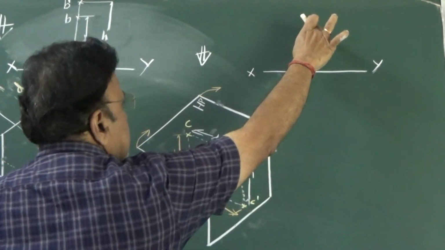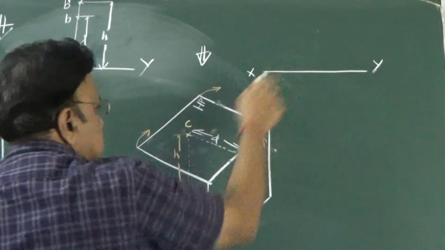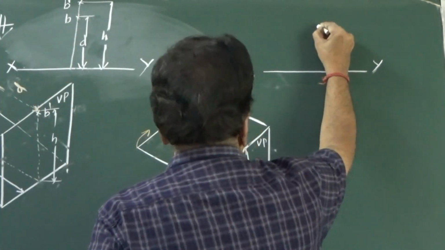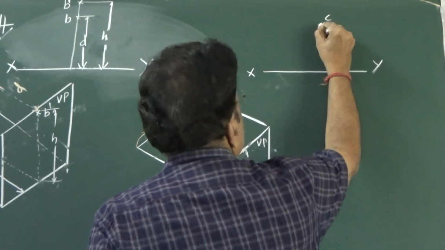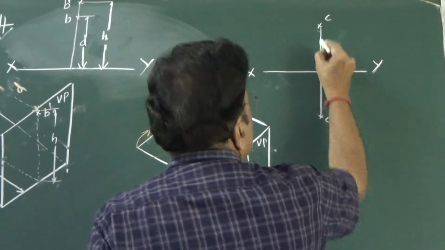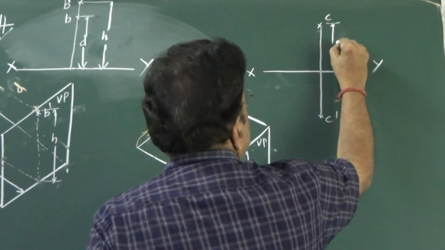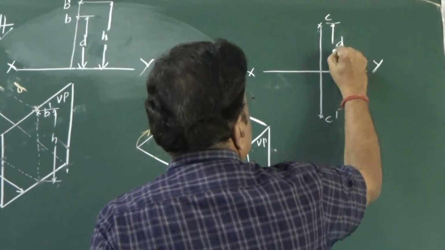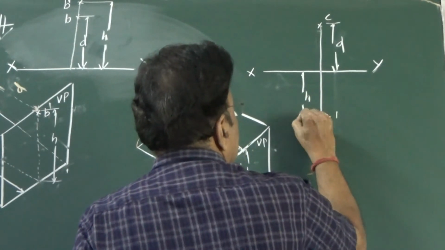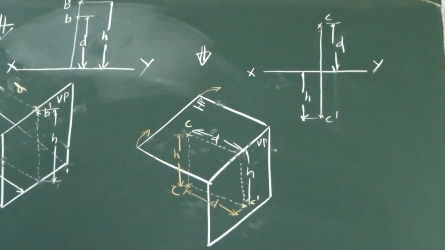Your C will come here. So that distance is equal to what distance? It should be equal to your D distance. C projector should be light. Then I am going to get C dash. So this distance will be D and this distance will be H. Okay.